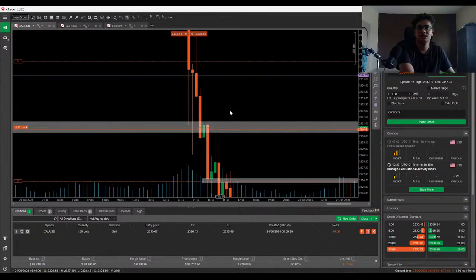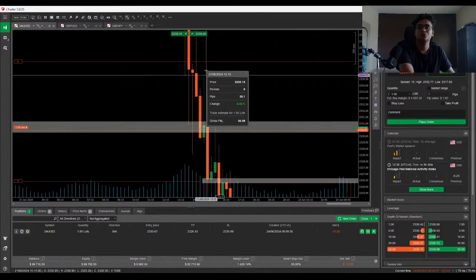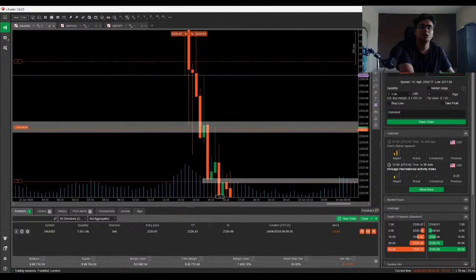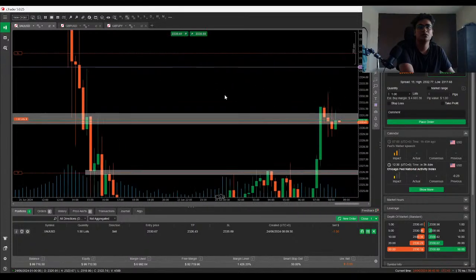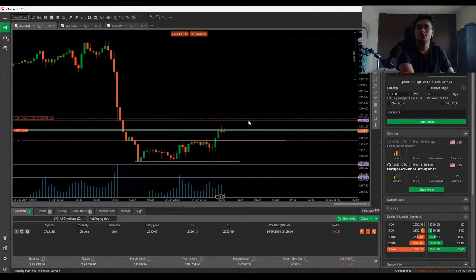If my spread is still 1 pip or so, then from this area it's 1 pip, and I think we are already at 1 pip. So I don't think we hit our stop loss, because whenever there's a big rejection like this, price does reject and go back down. The next 15-minute candle just started.